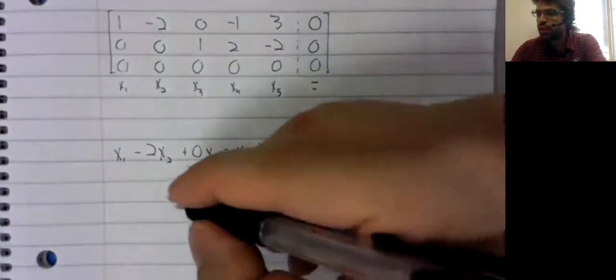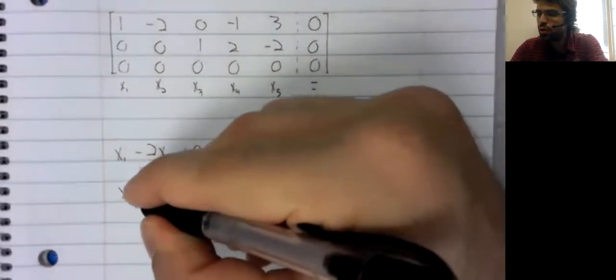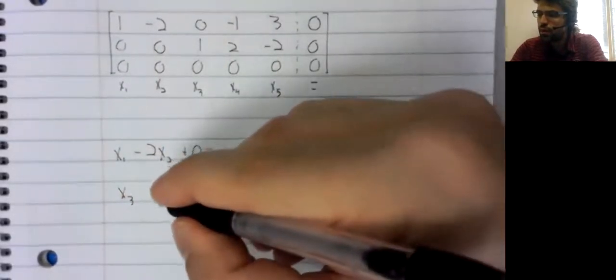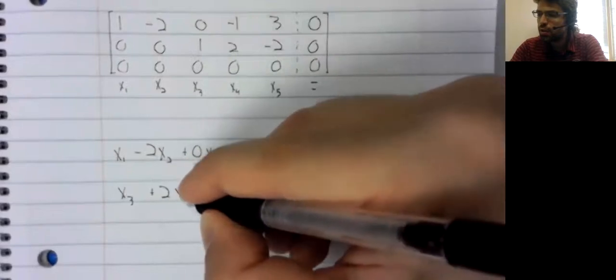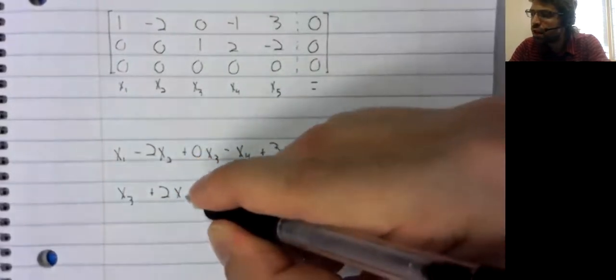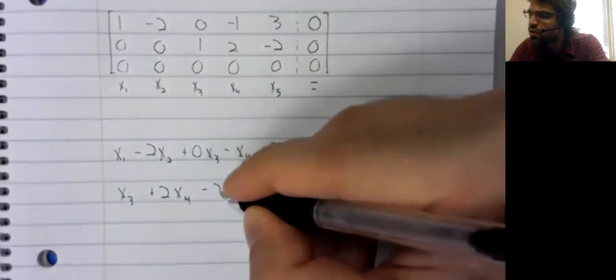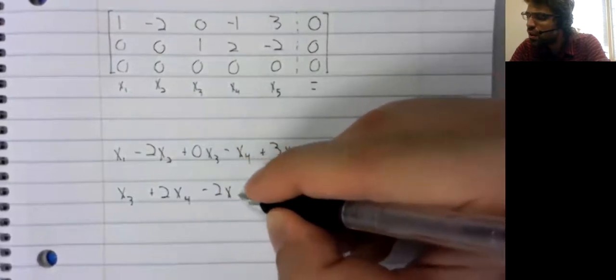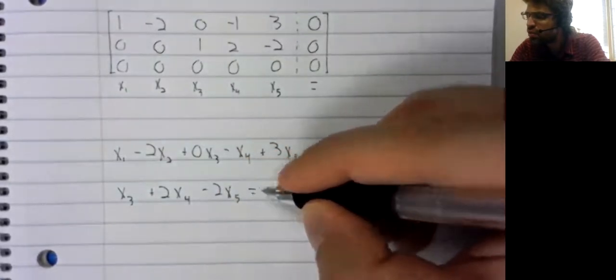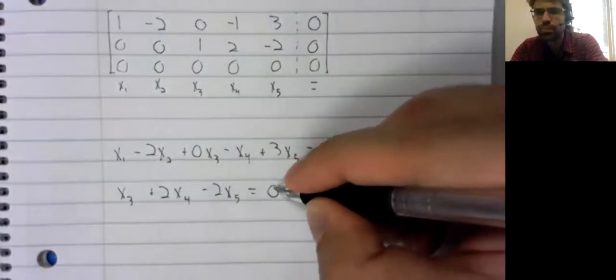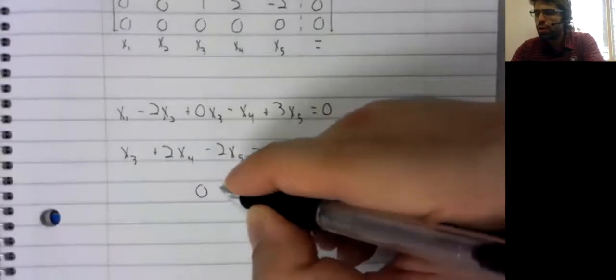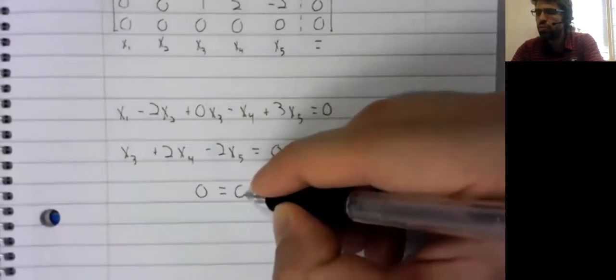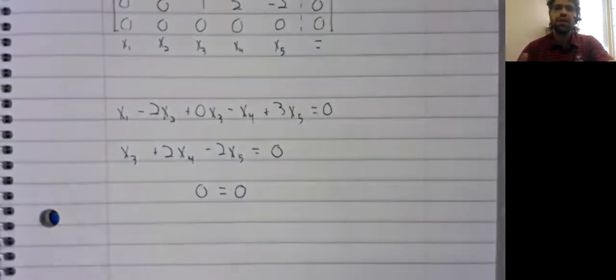And the second row gives us this. The third row unhelpfully tells us that 0 equals 0.